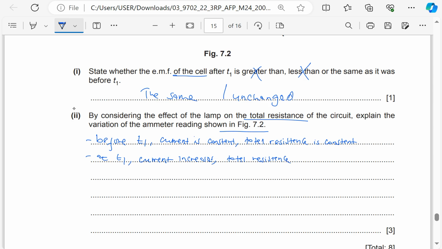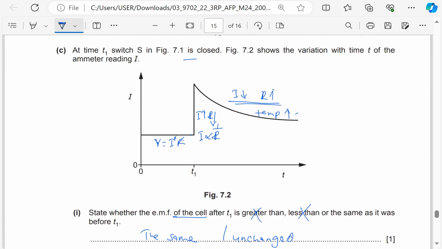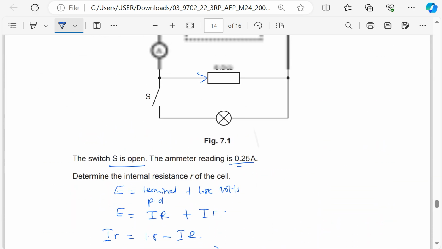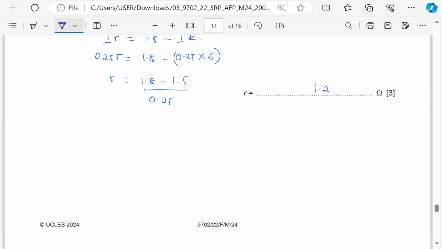Why does total resistance decrease? They said at time T1, switch S in the figure is closed. So we are going to have this resistor here and this one in parallel. So total resistance in the parallel decreases.